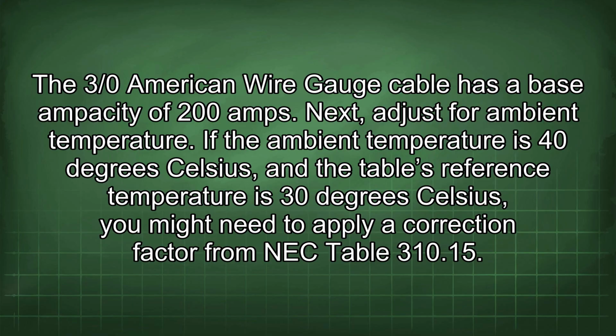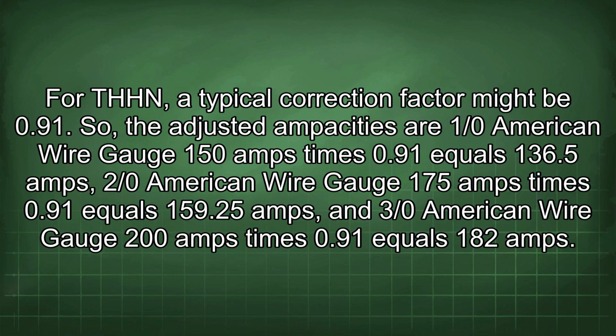Next, adjust for ambient temperature. If the ambient temperature is 40 degrees Celsius and the table's reference temperature is 30 degrees Celsius, you might need to apply a correction factor from NEC table 310.15. For THHN, a typical correction factor might be 0.91.